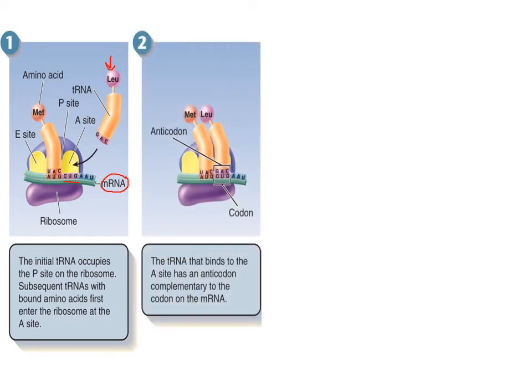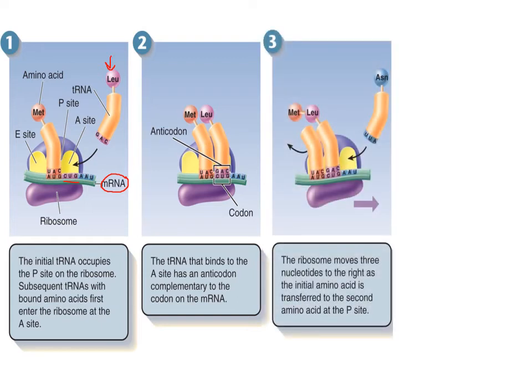So the second tRNA comes in, our codon and anticodon match up with each other, they're complementary. We bring in our second amino acid. Our first amino acid then covalently bonds to the second amino acid. The tRNA on the left-hand side is then going to exit because it's no longer needed.